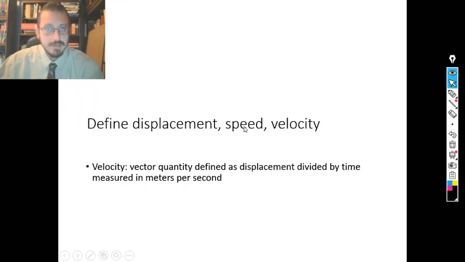Displacement and velocity are the vectors. Distance and speed are the scalar quantities. And again, every quantity we're going to look at this year is going to be either a scalar quantity or a vector quantity. The difference is just, does it have direction? If the direction of the quantity is given or calculable, if it has a direction associated with it, then it's a vector quantity. And velocity is an example of a vector quantity.